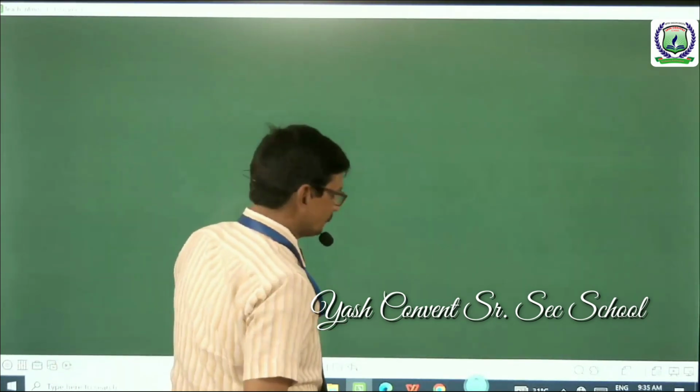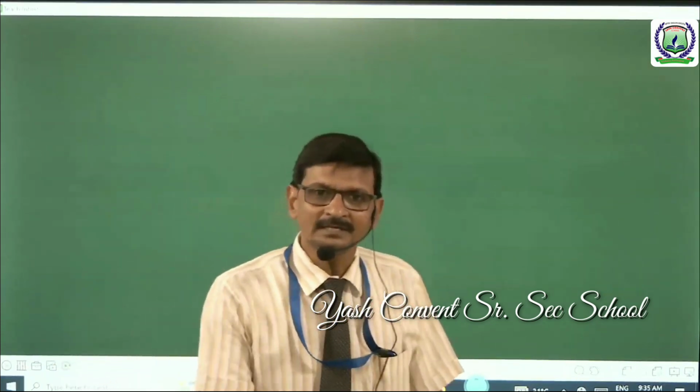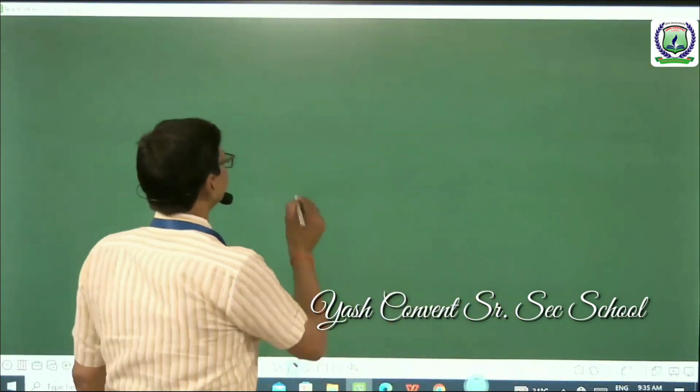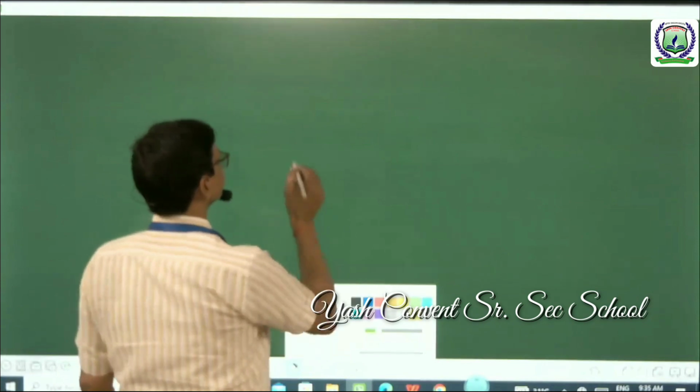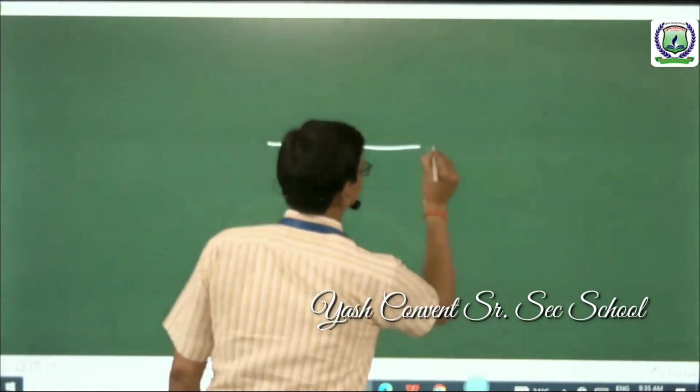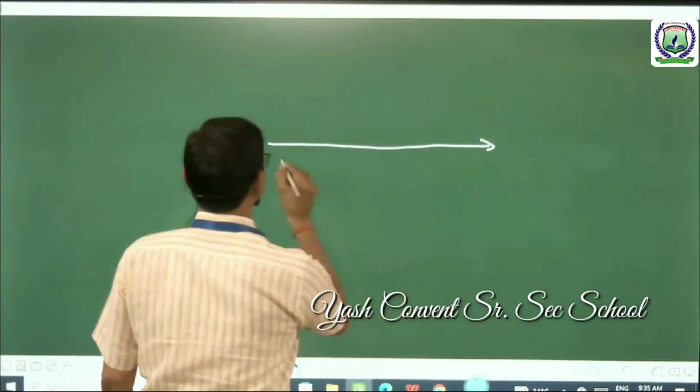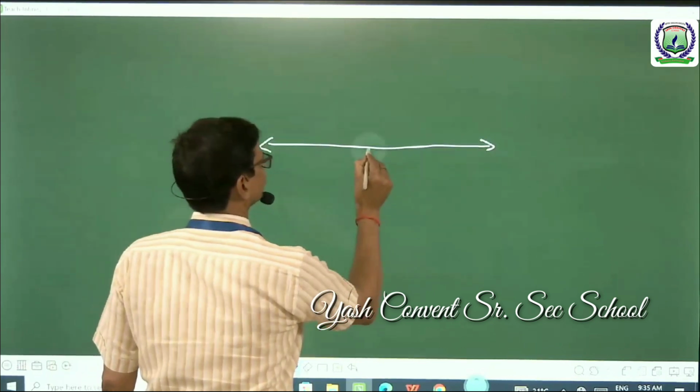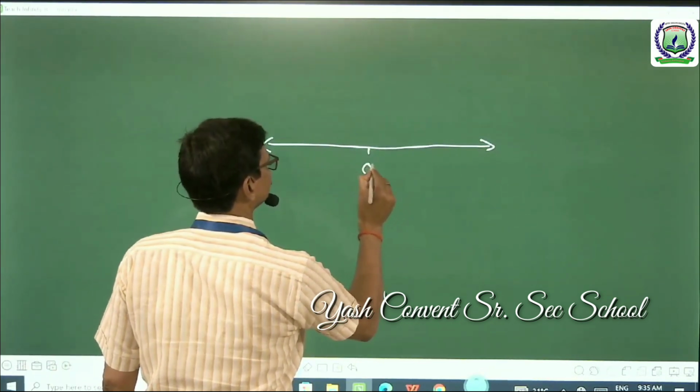Now we have already learned about number lines. Suppose this is a number line and in the middle this is 0.